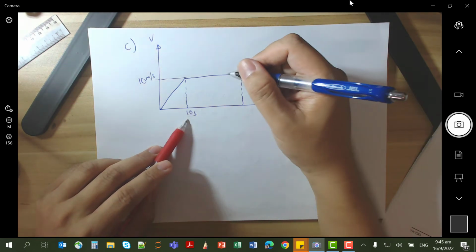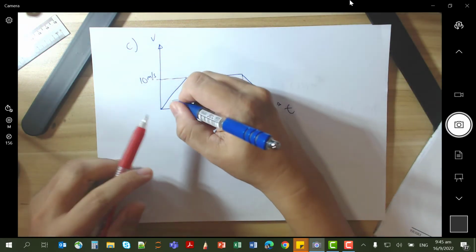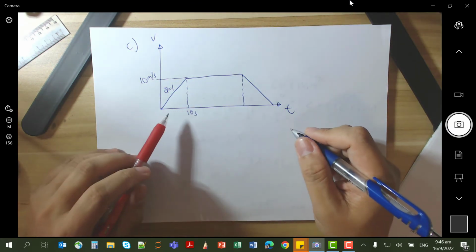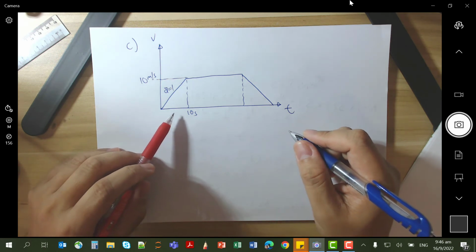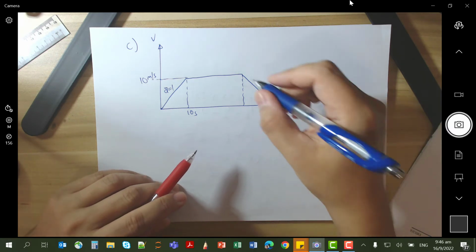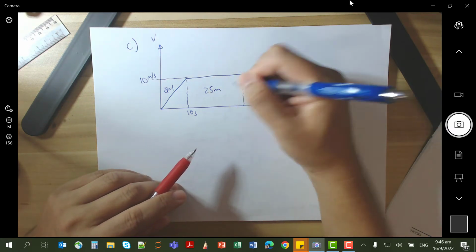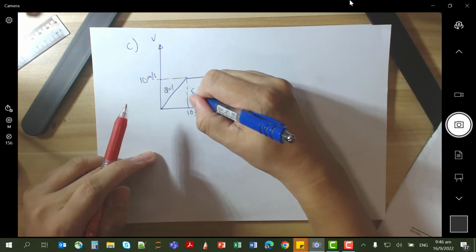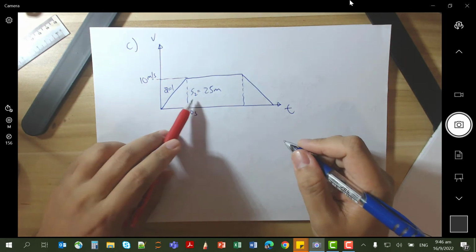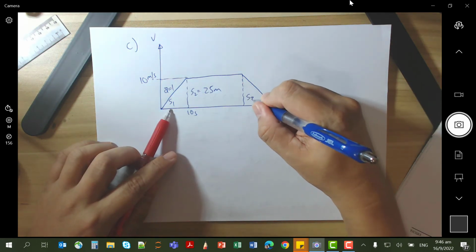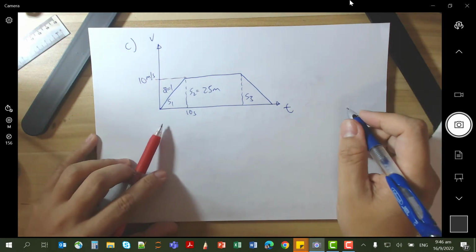What else do we know? We know that the acceleration here is 1. We know that it moves with uniform velocity for 25 meters. It will be split into 3 stages, 1, 2, 3. So S2 is 25. We can easily find S1, and then we will be able to get S3.